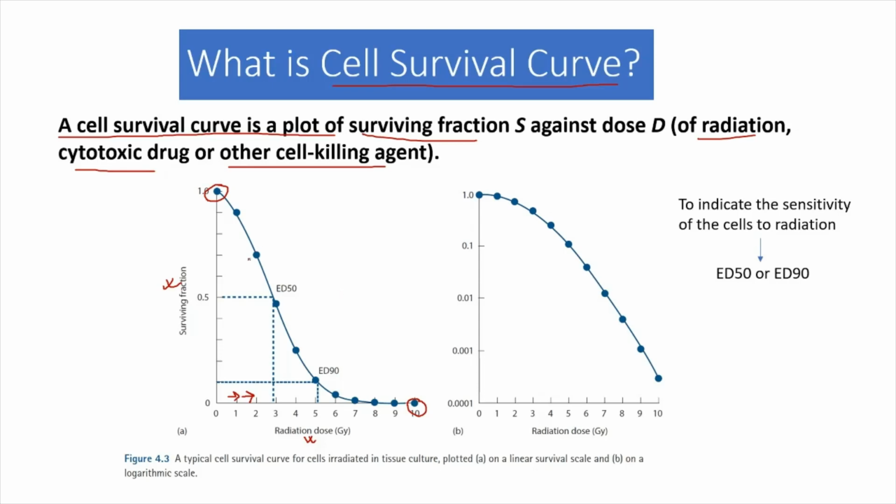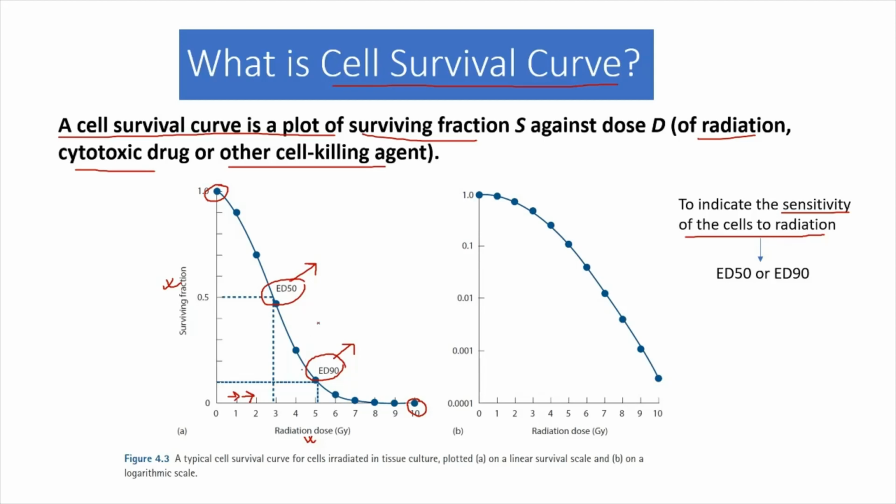And to indicate the sensitivity of the cells, we define two terms which we call ED50 and ED90. So what is ED50? That is effective dose 50. That is the dose at which 50% of cells die. And ED90 is the dose at which 90% of cells die.